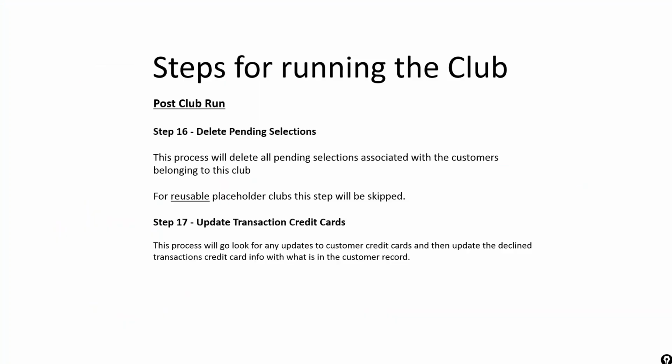The next step is to update the transaction credit cards. The customers will have gone to the website. They might have gone to the tasting room and paid for the order there, swiping a new card, which updates the credit card on file. They might have called in.